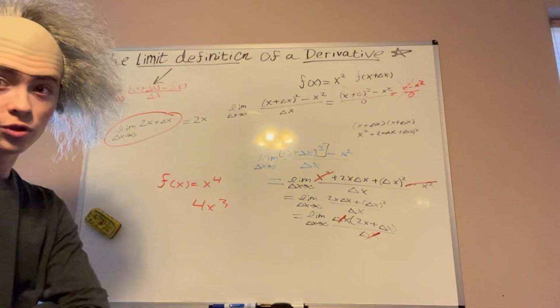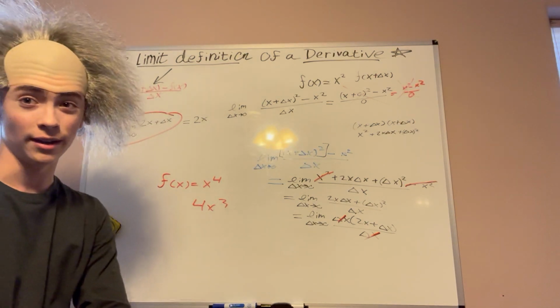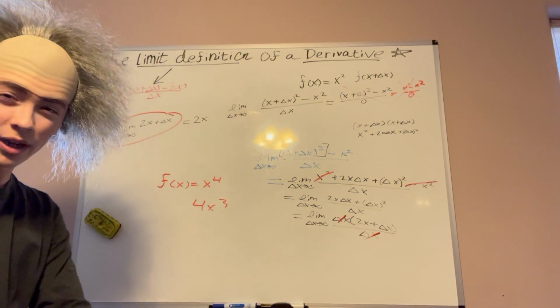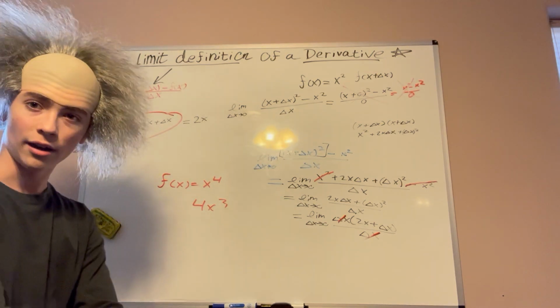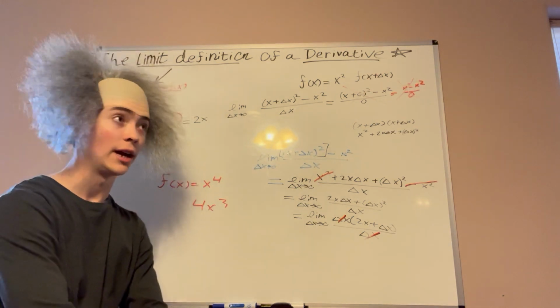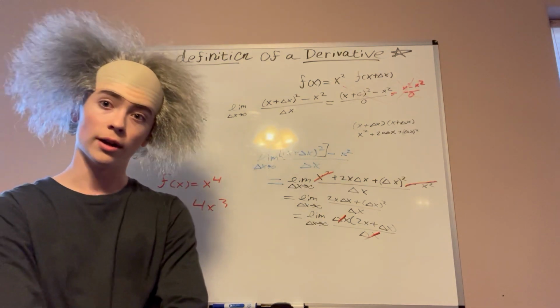And we'll learn some tricks in our next few videos about how we can skip all of this, because this is a lot of work, a lot of algebra, and sometimes there's some trial and error. If we did a much more complicated function, something that wasn't a polynomial function, like a rational function, like 3 over x squared.